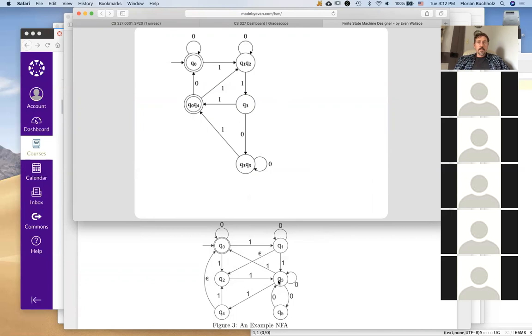On a 0, I can go to Q5, and there's also this self loop, so I can stay in Q3. And from Q5, we can just go to Q3. But either way, from any of these states, I can reach Q3 or Q5, and therefore we stay in the same state.